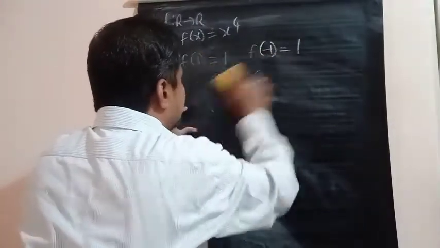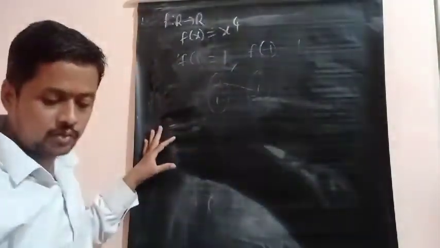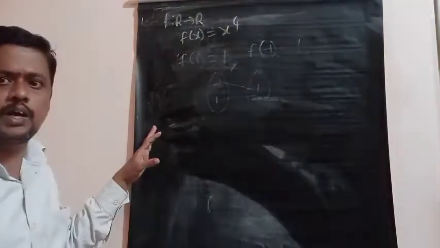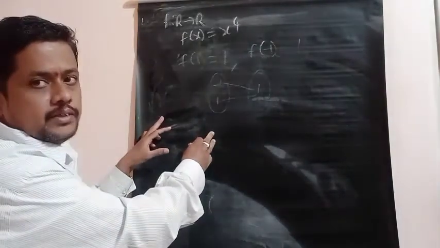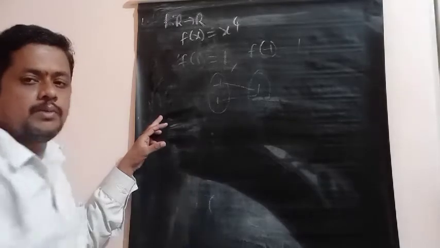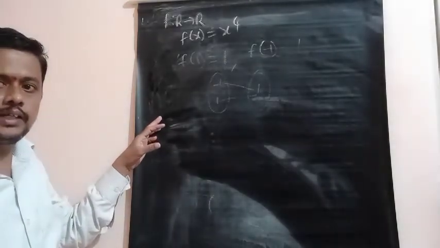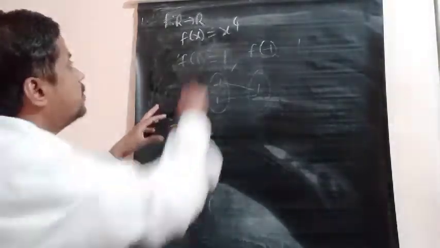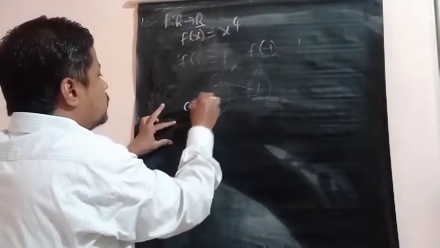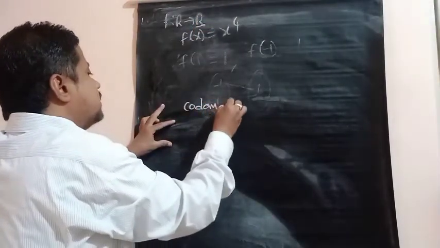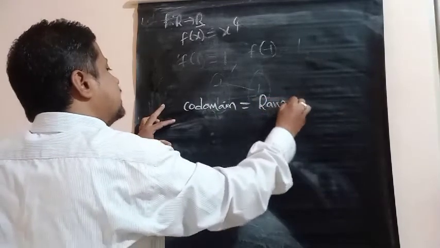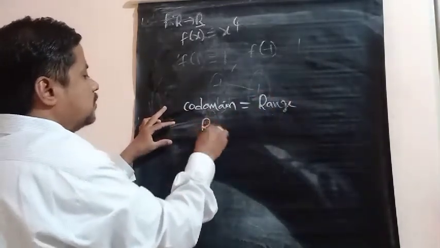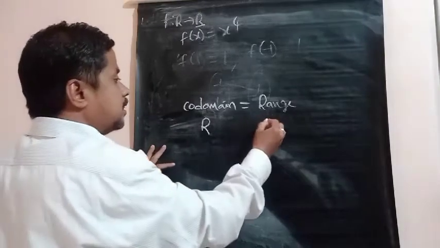We will check for the onto condition. Onto condition means what? Codomain is equal to range. If this condition is satisfied, you can tell that it is onto. Codomain means R. Range means what?